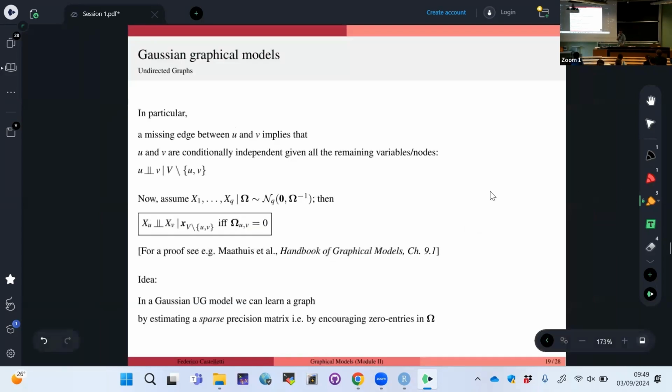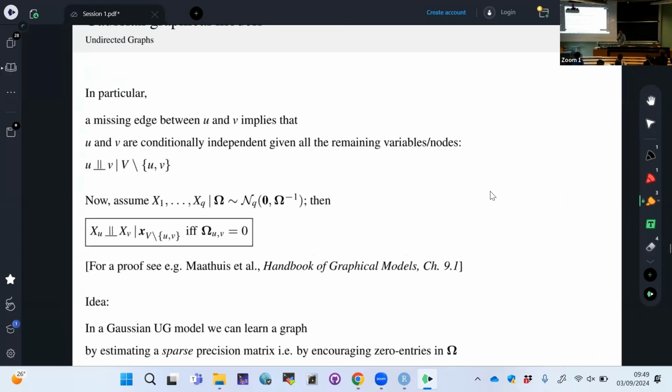Okay, now, in an undirected graph, a missing edge between two nodes, in particular, implies that U and V, these two nodes, are conditionally independent given all the remaining variables, nodes.